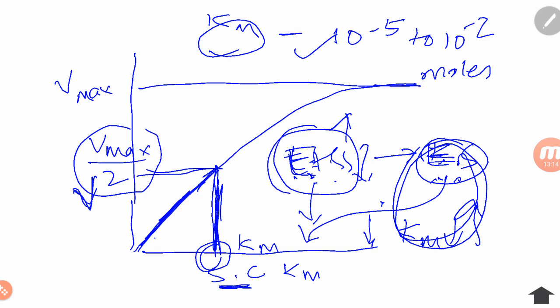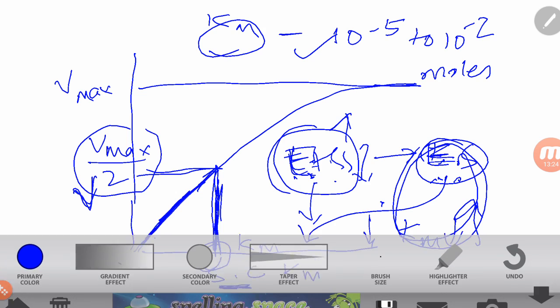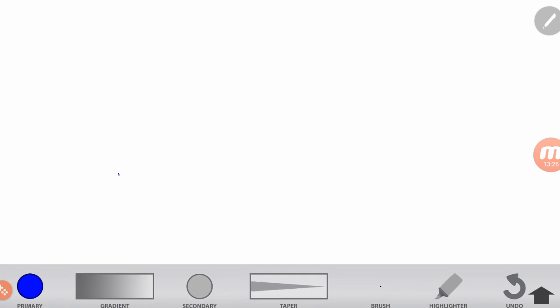So the normal values range from 10 to the power of minus 2 to 10 to the power of minus 3 moles. So this is about the Km values, the half of the maximum velocity and the substrate concentration and all the things. From this they obtained an equation. They will ask this equation, that is V. V is nothing but the measured velocity.